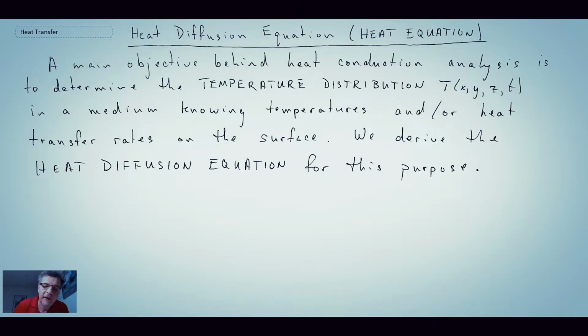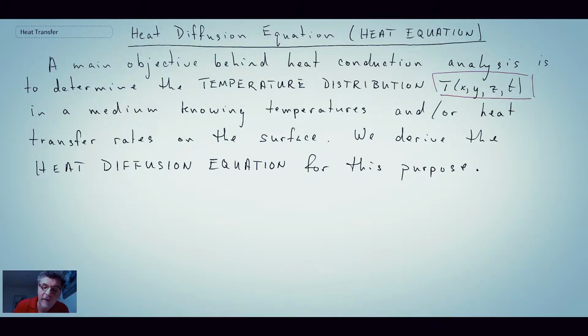One of the main things that we're after is the temperature distribution within an object. Notice that I've put the temperature distribution as a function of the three spatial dimensions and time. We will be looking later in the course at transient analysis, where the temperature within the object changes with time as well as with spatial location.